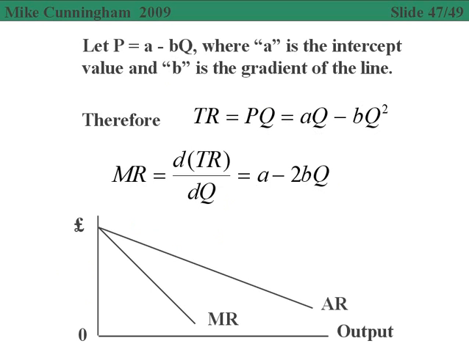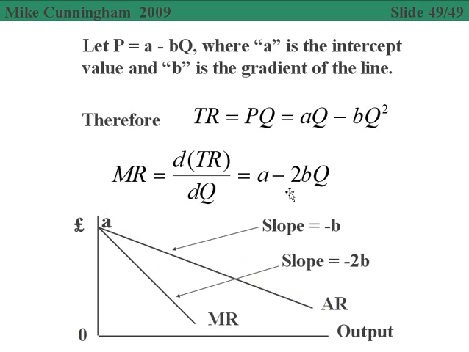What have we got then? Our average revenue curve is downward sloping. It's a straight line, so that's okay. This up here is the intercept term, A, and the gradient is minus B. Then we've got the slope of the marginal revenue curve, this one here.